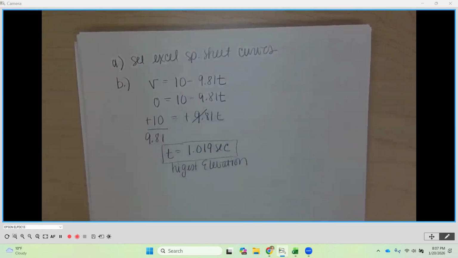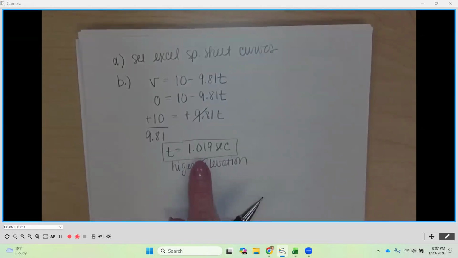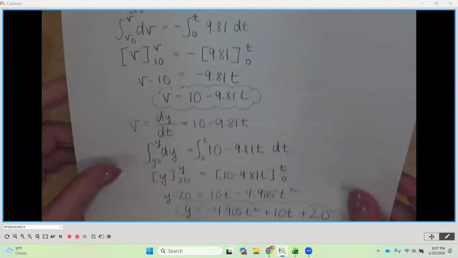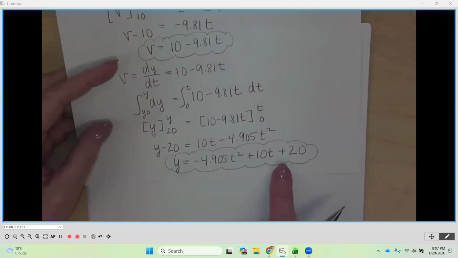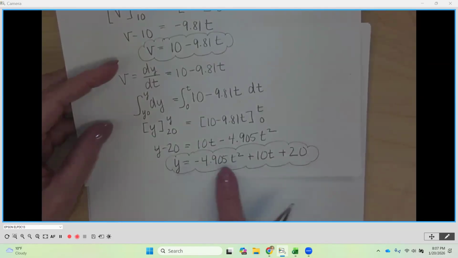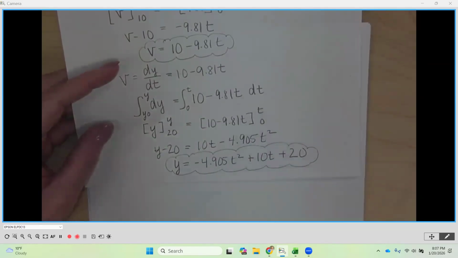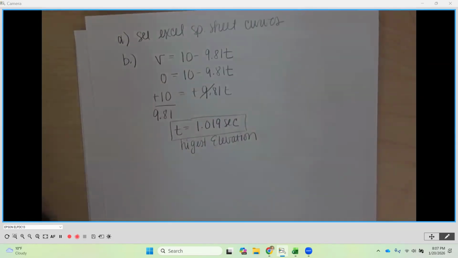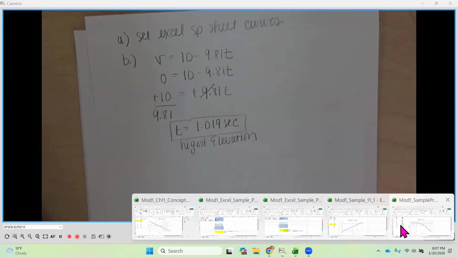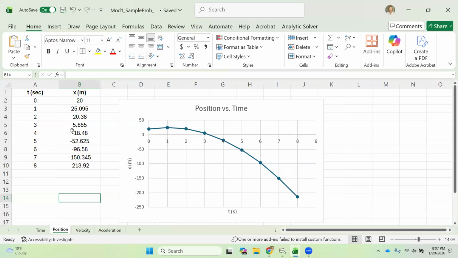But now it also wants to know how high it is. If the time is 1.019, we could use that time and put it into this equation for our elevation. We could do that manually, or we can use Excel. We already programmed that equation in. So if we go back to Excel, we're on our position tab.